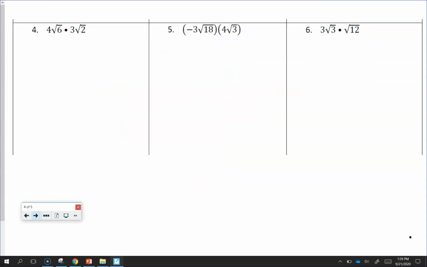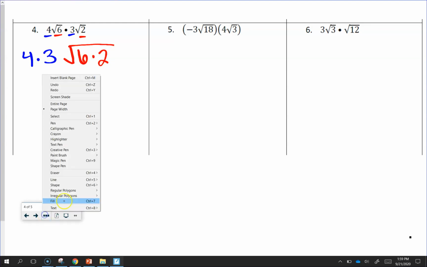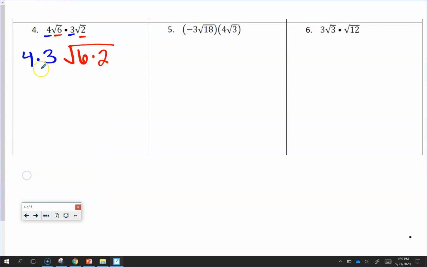All right, number 4. Again, my pieces on the outside. I have 4 and 3 on the outside of my radical. And I have 6 and 2 inside my radical. So when I simplify these pieces, I get a 12 on the outside. I also get a 12 on the inside of my radical. I have multiplied. Now we simplify.